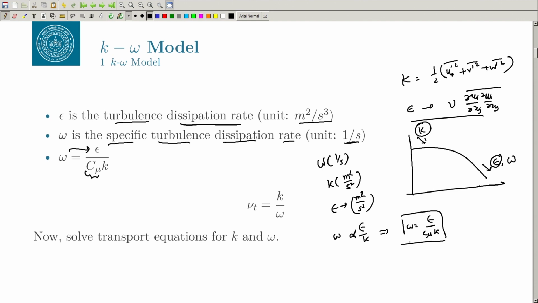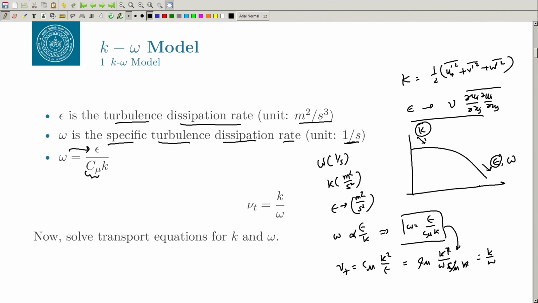And if you go for the definition of nu t, which is C mu k square by epsilon, you put the value of epsilon from here, omega times C mu into k. So, the C mu gets cancelled out and this becomes k by omega, okay.